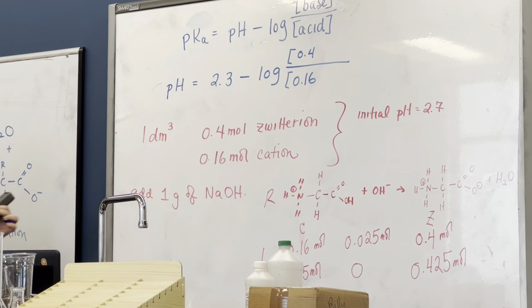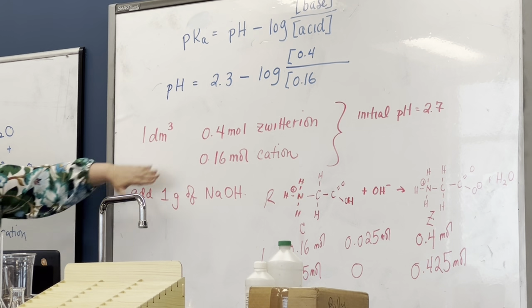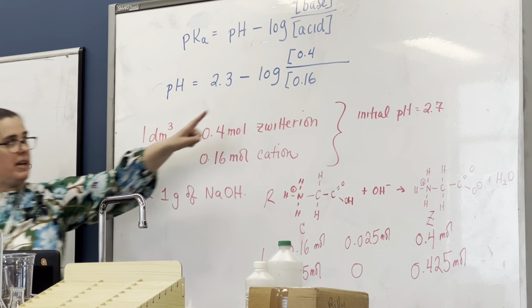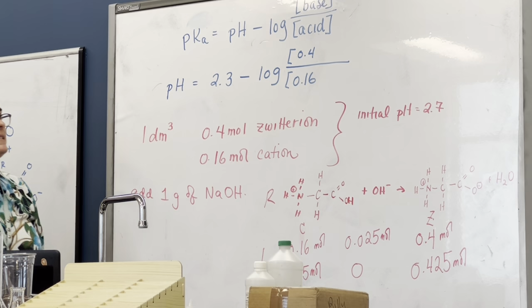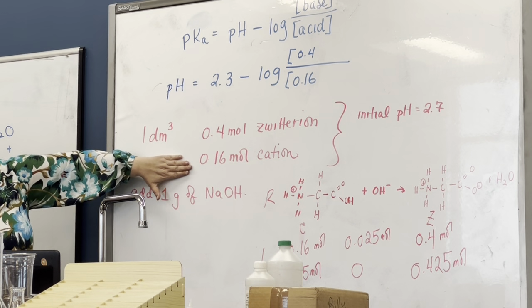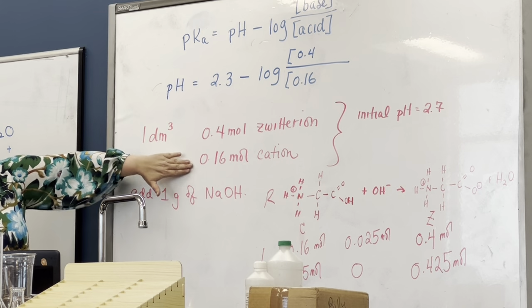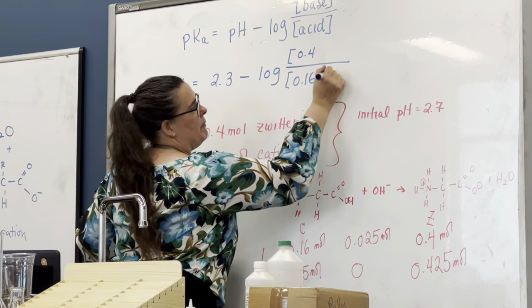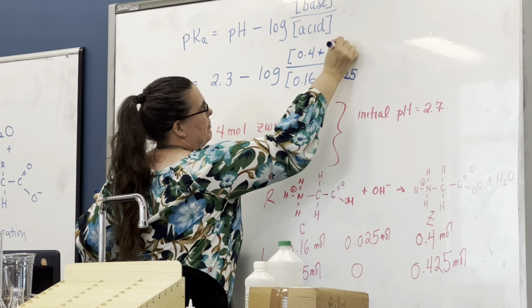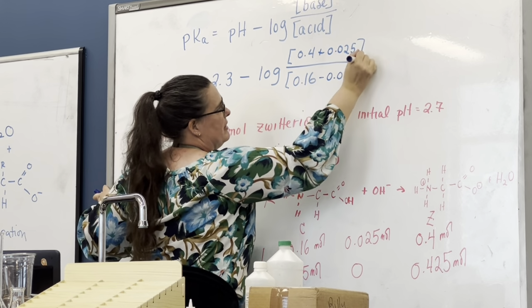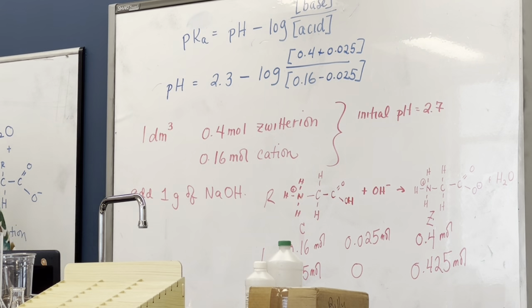I know I haven't closed those braces. That's because initially, when I calculated the pH to be 2.7, that's what I took. But finally, I said that the base is going to convert acid into conjugate base. So this number is going to get smaller by 0.025, and this number is going to get bigger by 0.025. So that's what I honestly typed in.